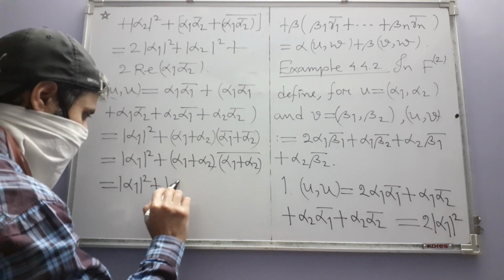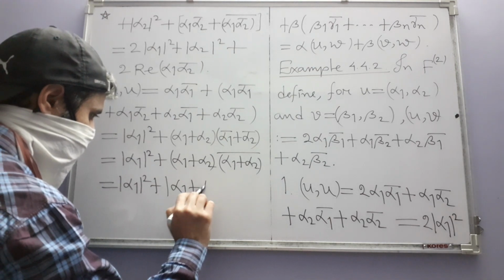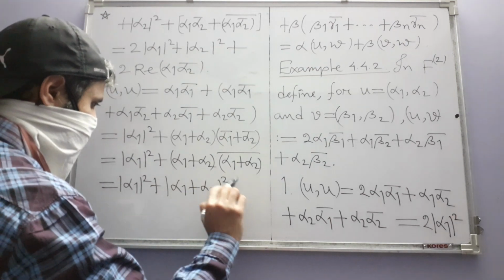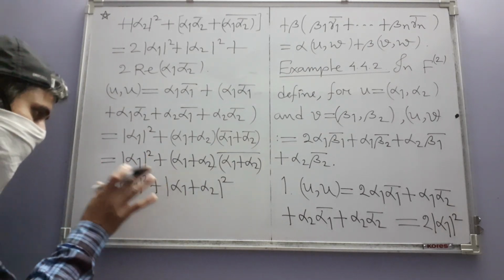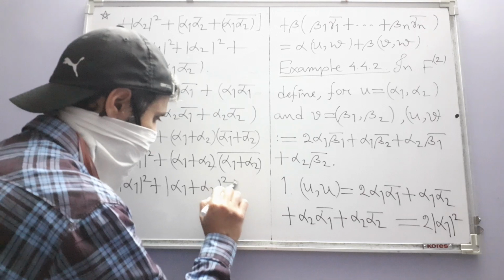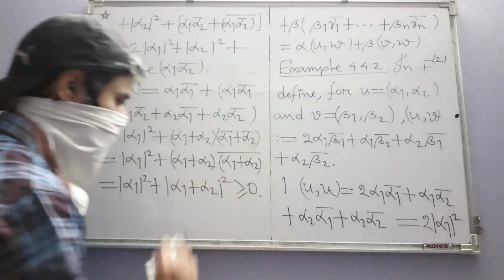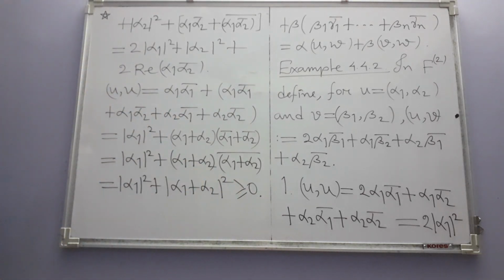So this is the square of the absolute value of alpha 1 plus alpha 2. Now this is a non-negative real number. So now we can write greater than or equal to 0.